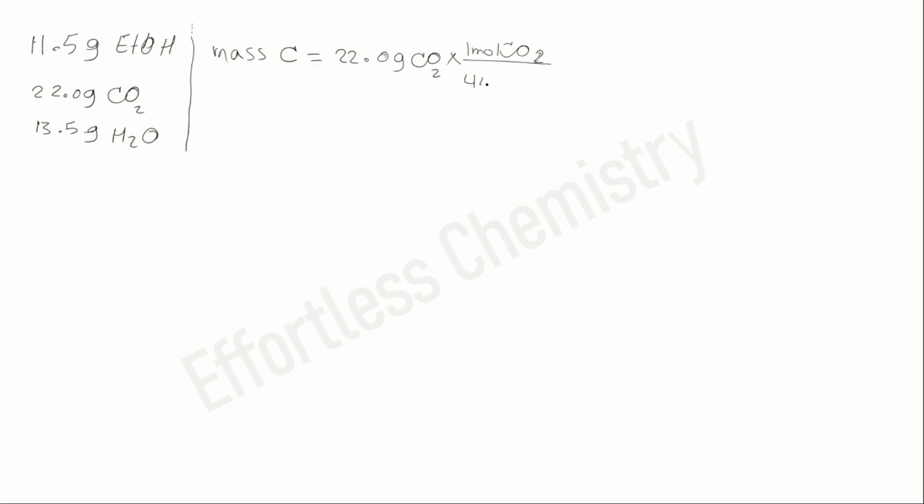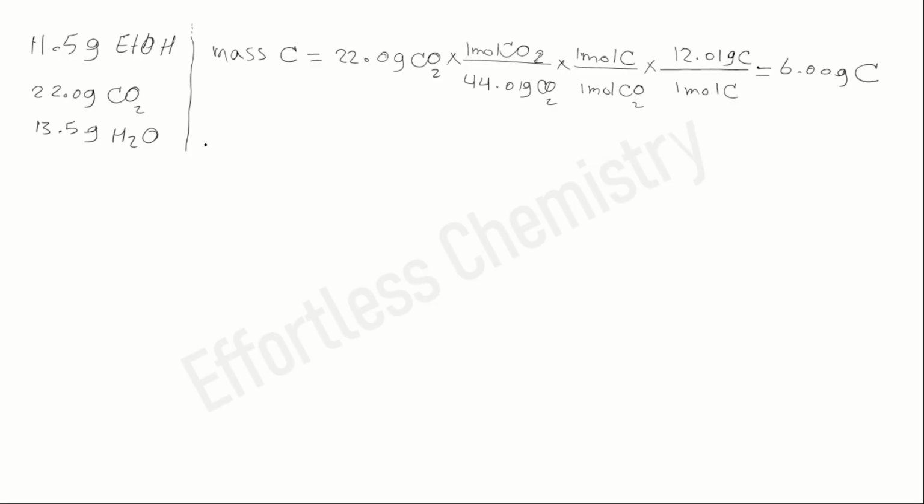It has the mass of 44.01 gram carbon dioxide, multiplied by 1 mole carbon dioxide, we have 1 mole carbon, and we know that 1 mole carbon has 12.01 gram of carbon. So we will reach 6.00 gram of carbon. Now we found it.